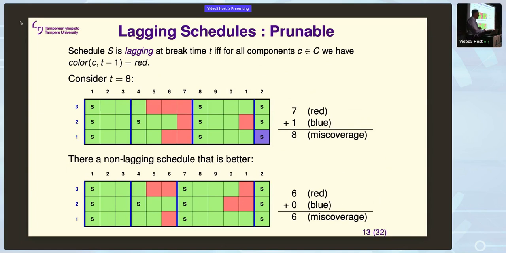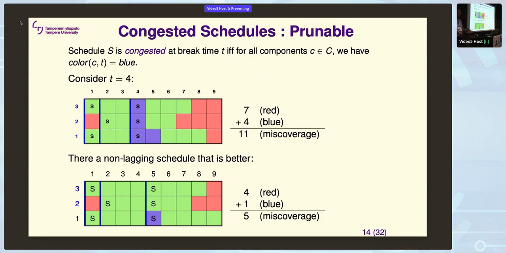So they are stretched over the good using time, and it's like lagging behind. The service is going too late. In this case, we get a better solution if we move this breakpoint one step backwards and then schedule again from that point onwards. You see that the miscoverage between these two schedules improves, and so we can prune this first one.